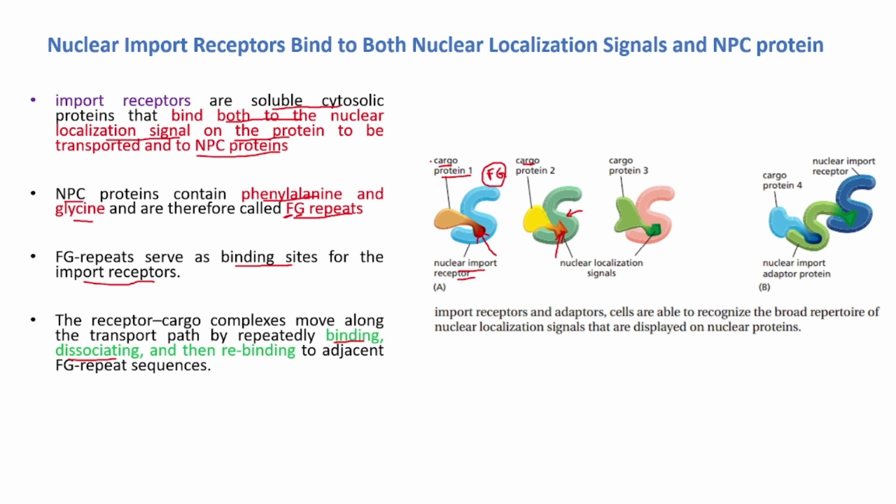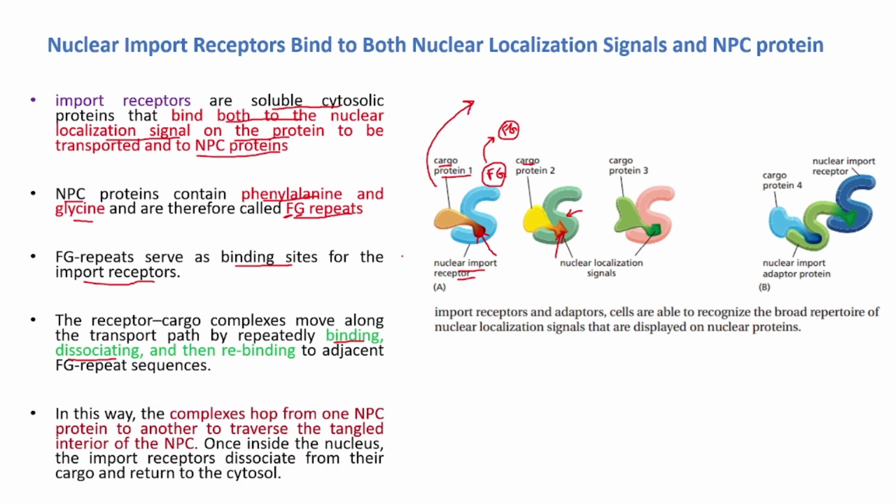First it binds to one FG repeat on the NPC proteins, then it dissociates, and then it rebinds to another FG repeat. In this way, the complex as a whole moves from one place to another. The complexes hop from one NPC protein to another to traverse the tangled interior of the NPC proteins.